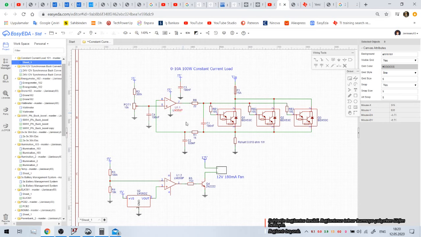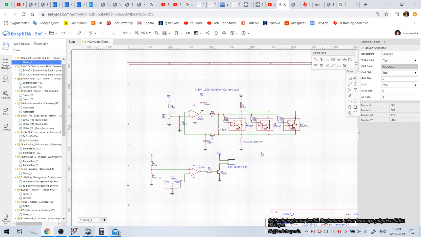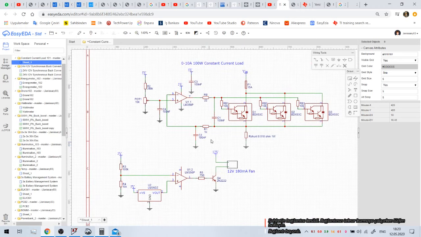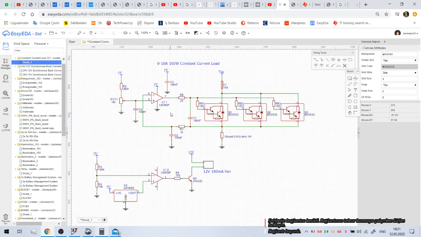We can add it to this design. Also we can use it separately. I will decide it later, I think. What is missing? I want to examine one more time.